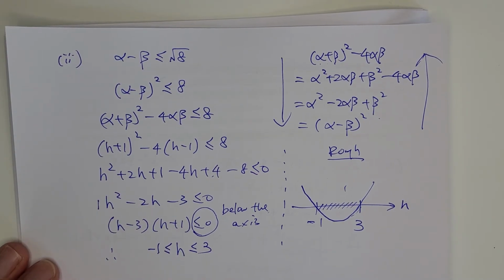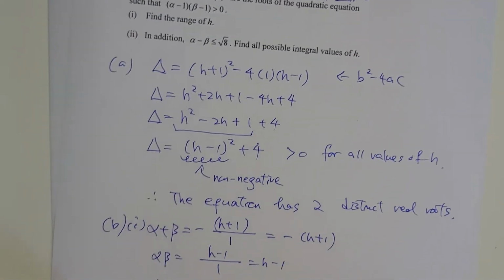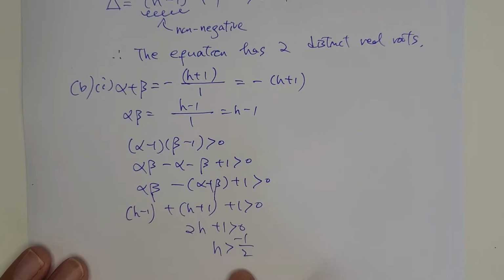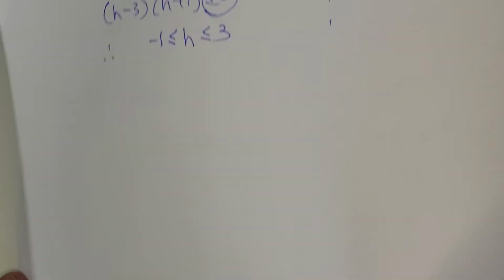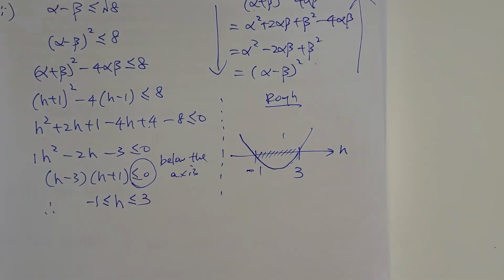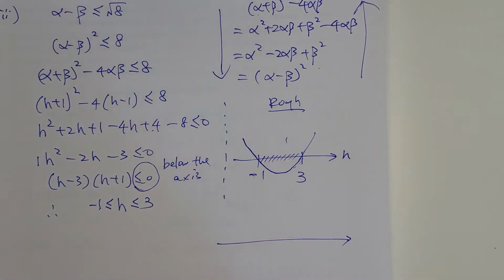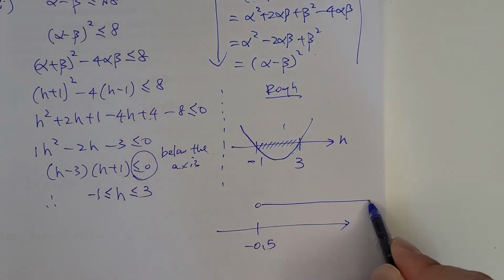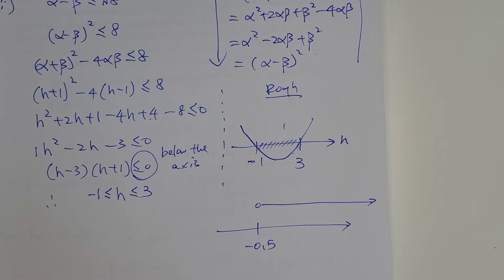But don't forget, go back to B1. We have the original condition that h is greater than -1/2. So that means there are two inequalities you need to consider. The first inequality is h should be greater than -0.5.